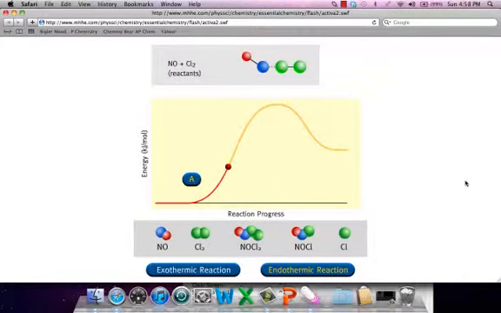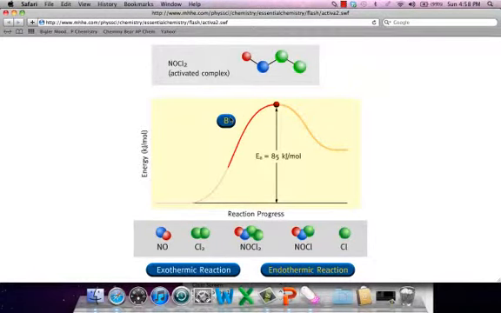As the two molecules approach each other, an attractive force begins to form between the nitrogen of nitrogen monoxide and one of the chlorines of the chlorine molecules. This attraction is indicated by the dashed line. The bond between the chlorines begins to weaken, and the bond length increases.